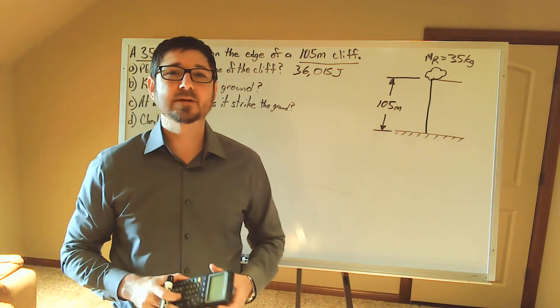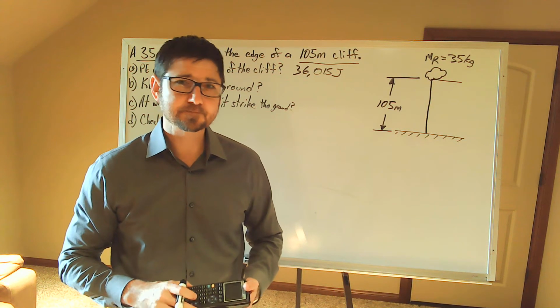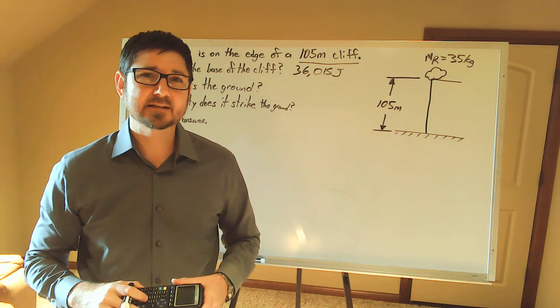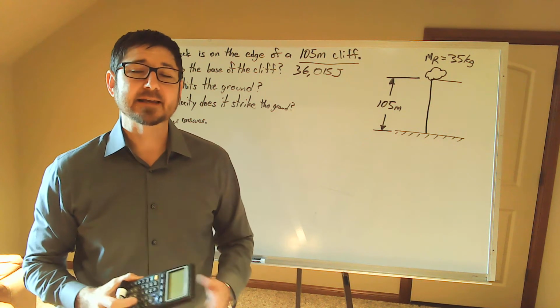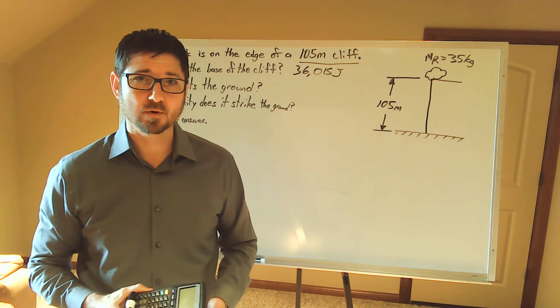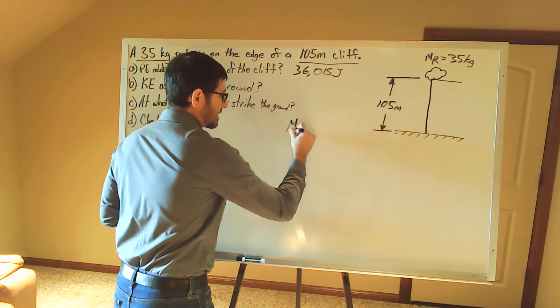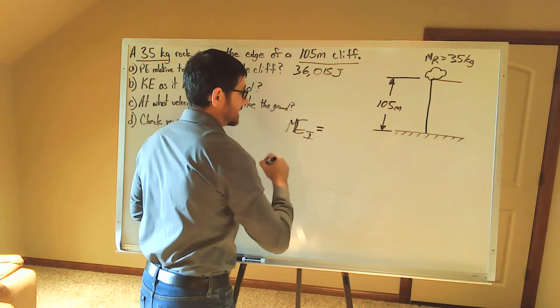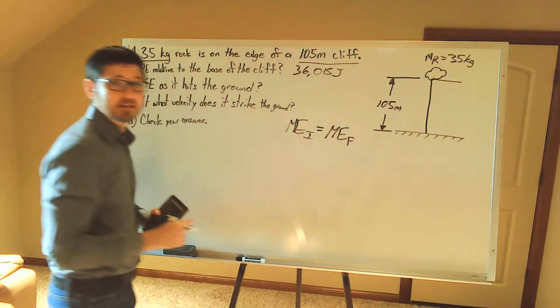So what we're going to be doing is using the law of conservation of energy. And it tells us in a closed and isolated system, the energy cannot be created or destroyed. The energy just changes form. So what we have is our initial mechanical energy in our system will equal the final mechanical energy.